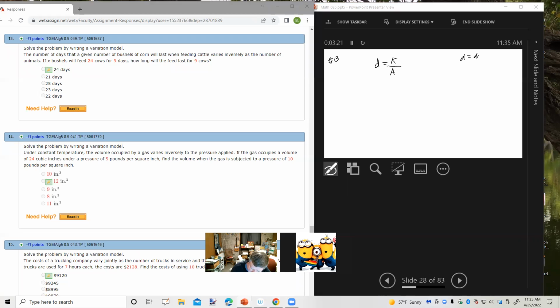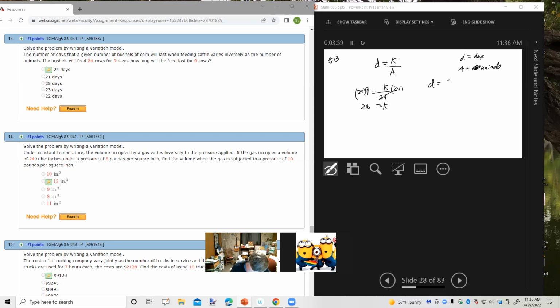I said D equals days and A equals animals. If x bushels will feed 24 cows in 9 days, we get that. Multiply both sides by 24. k equals 9 times 24, which is 216.